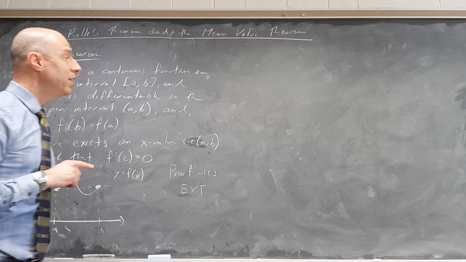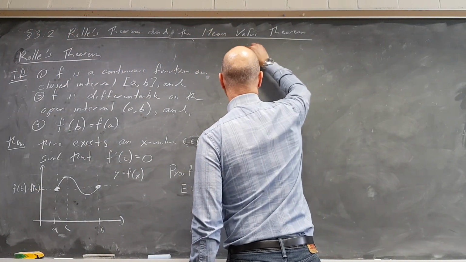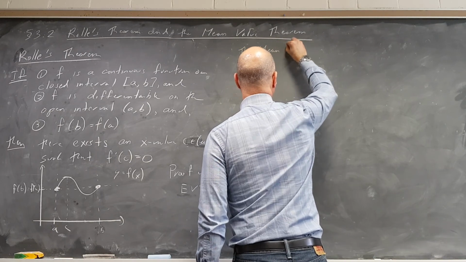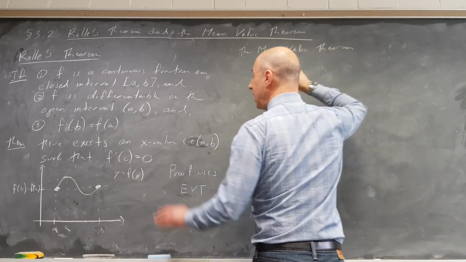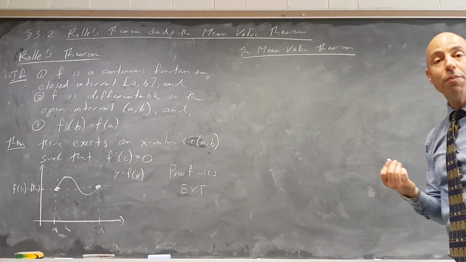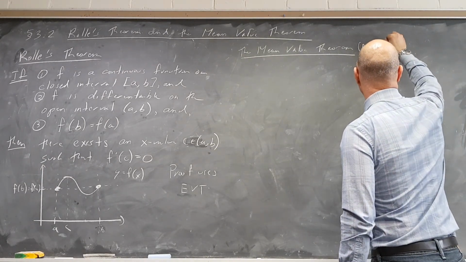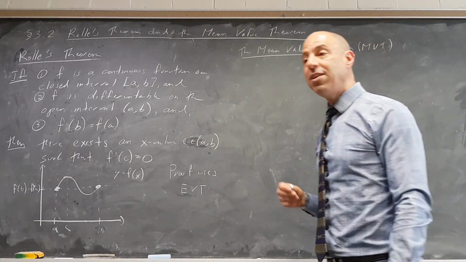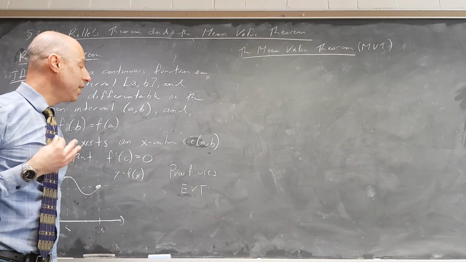Now I want to move on to the mean value theorem. I'm going to leave Rolle's theorem up for comparison's sake. The mean value theorem, you can probably guess we abbreviate MVT, just like we abbreviate the intermediate value theorem IVT and the extreme value theorem EVT.